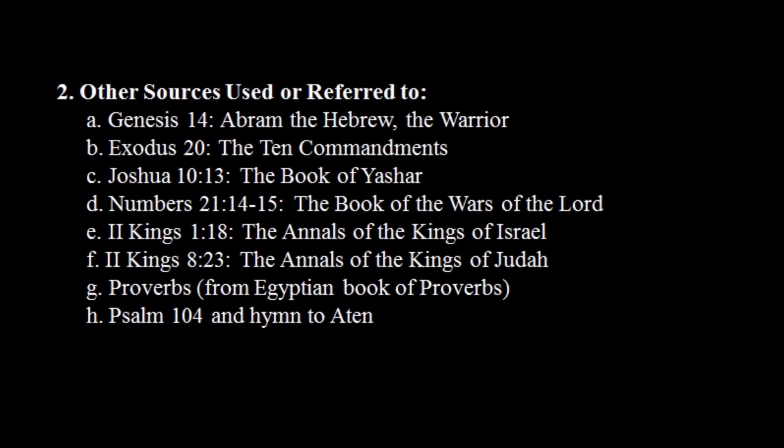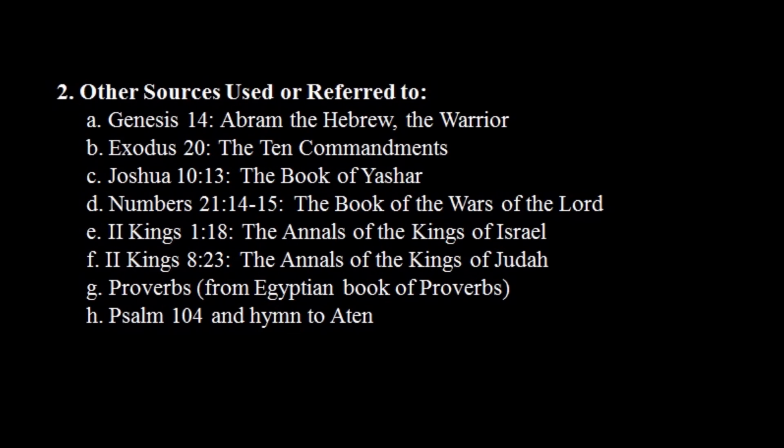The answer is there was probably an Aramaic translation during the Persian period of the Egyptian book of Proverbs, and somebody read it and translated parts of it into Hebrew. And you can look at them and compare them. They're identical. It's a chunk of the book of Proverbs, not the whole book, because the book of Proverbs comes from a variety of sources. And again, I mentioned to you Psalm 104 as the hymn.